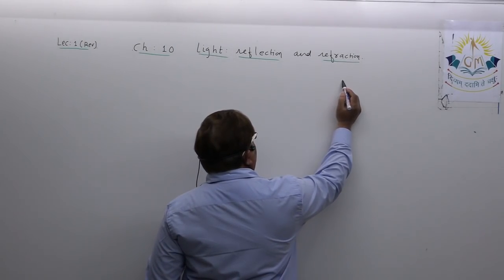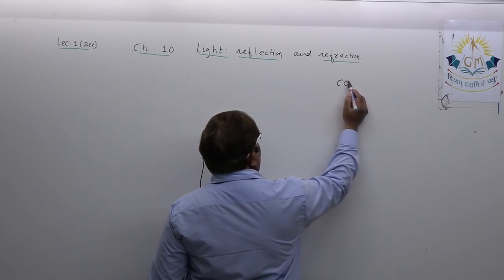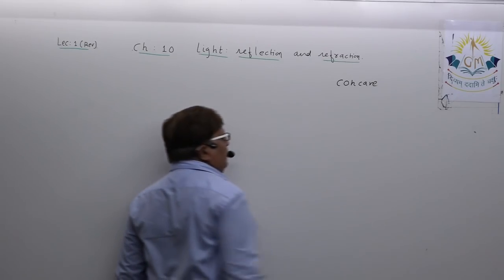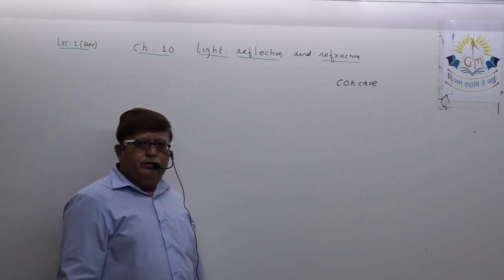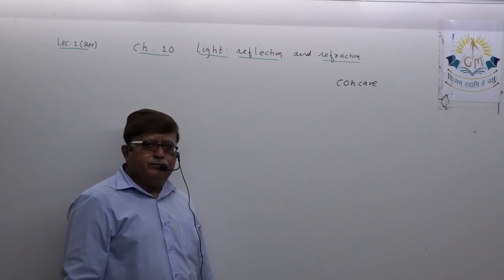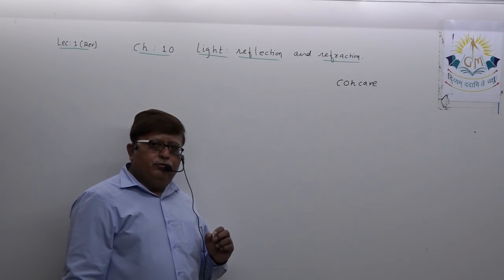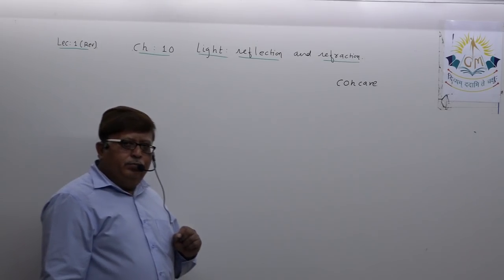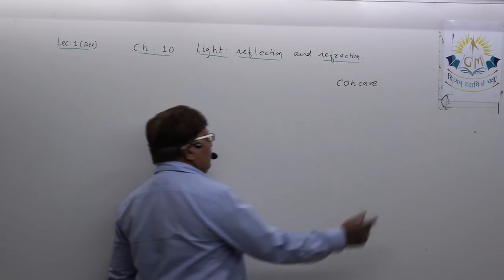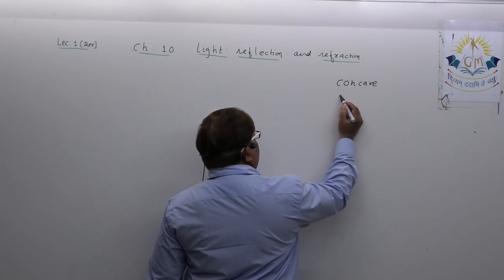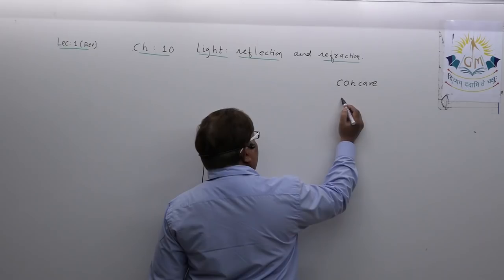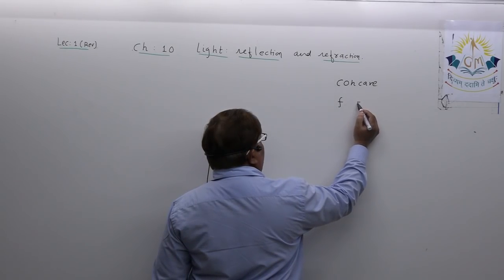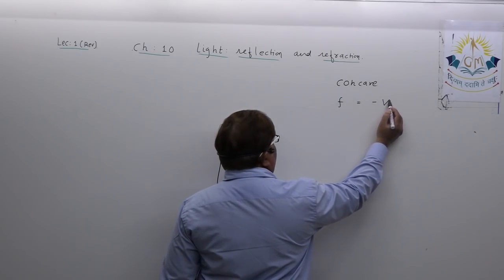Let us just take an example. Suppose it is a concave mirror. If it is a concave mirror, you should note down a very important point. For concave mirror, as you all know, focal length is always negative.